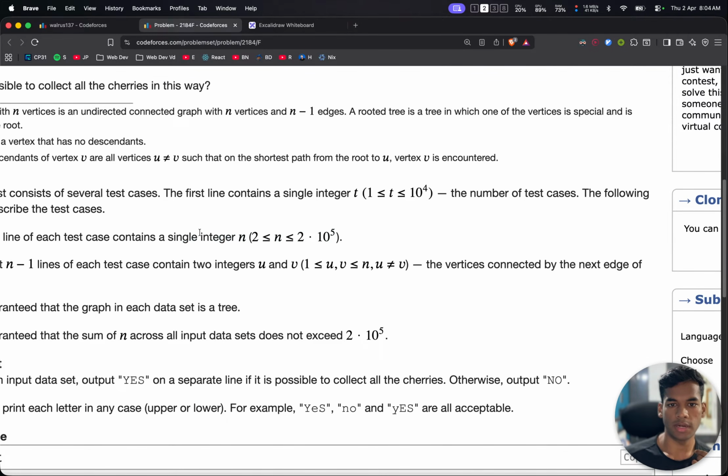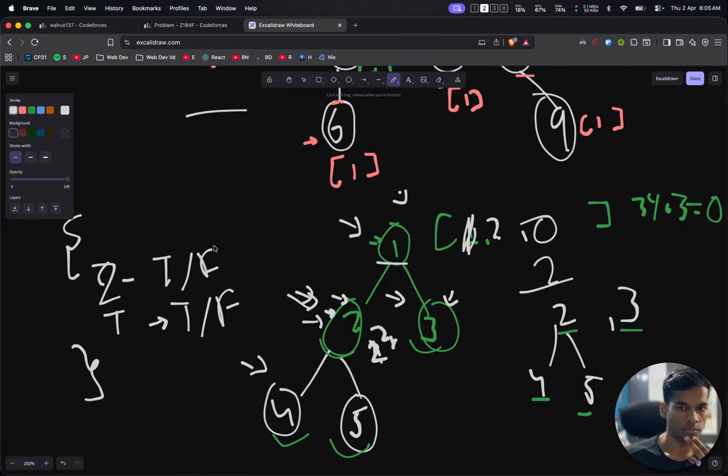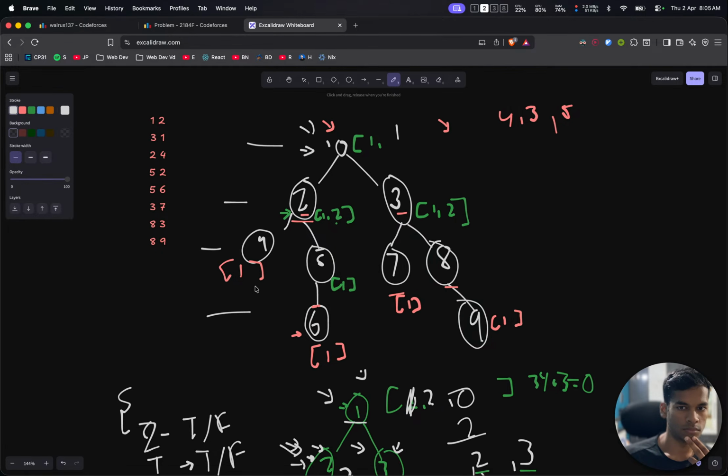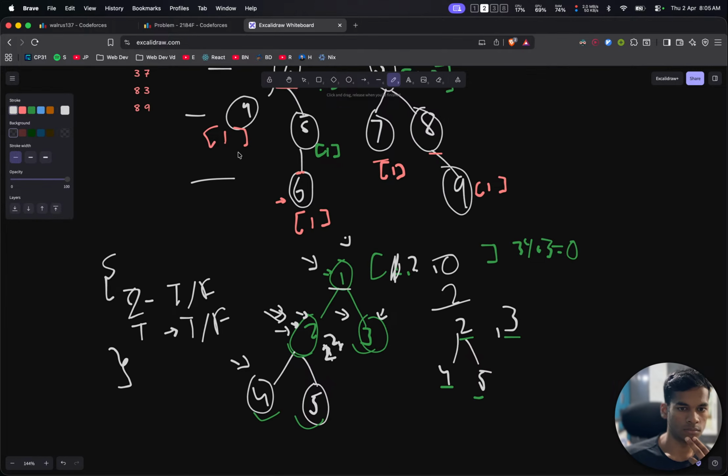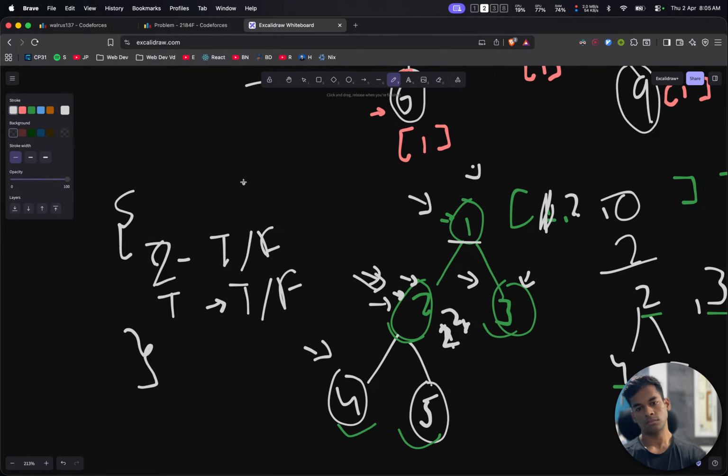This can be very big, 10 power 5. Any indication what to do? 2 plus 2 is 0.